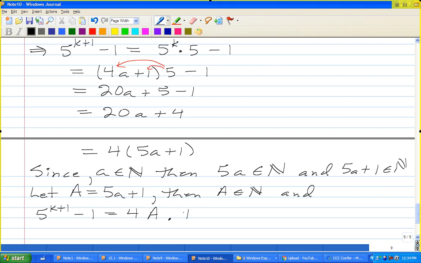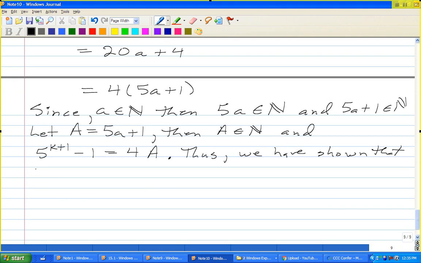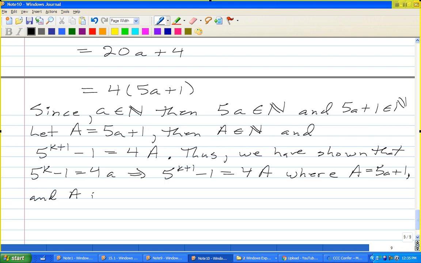Thus, we have shown that 5^k minus 1 equaling 4a implies that 5^(k+1) minus 1 is 4A, where A was 5a plus 1. Therefore, A is a natural number.